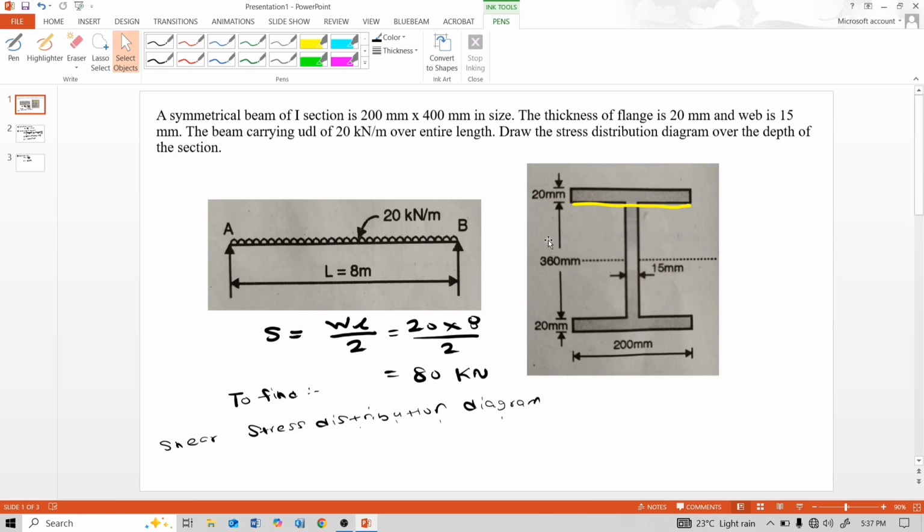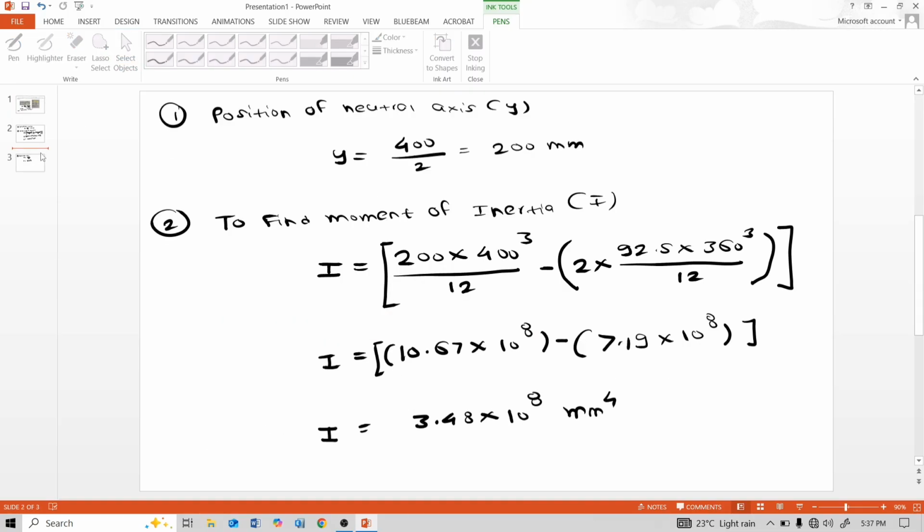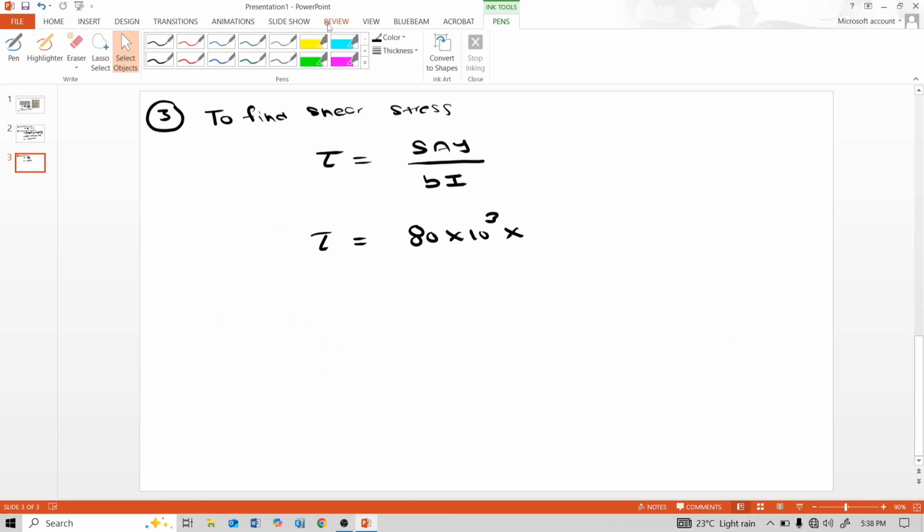First we have to find the shear stress at the junction. So we consider the area above the junction, that is, the flange portion area, for calculation of shear stress at the junction. Above the junction, the area is the flange area, which is 200 multiplied by 20.